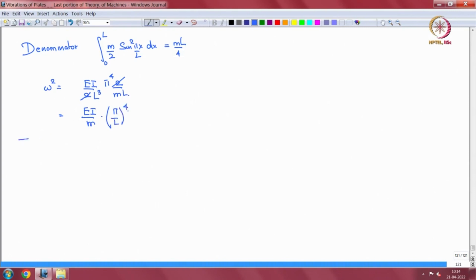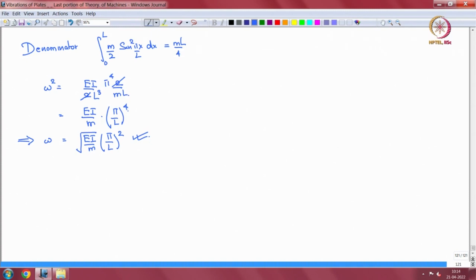That implies the natural frequency omega is square root of E I by m times pi by L whole square. This is known to us: the first natural frequency of a simply supported beam, and we got it by substituting the exact mode shape.